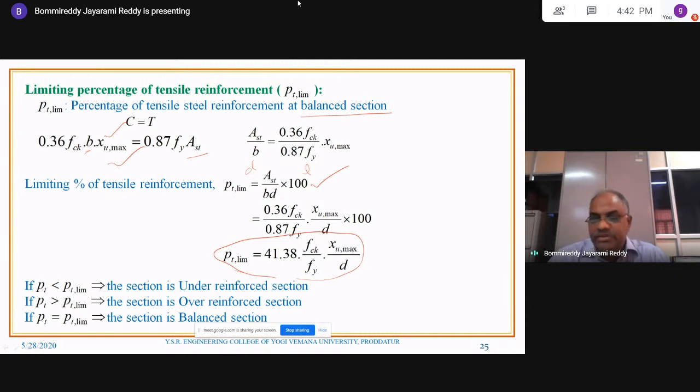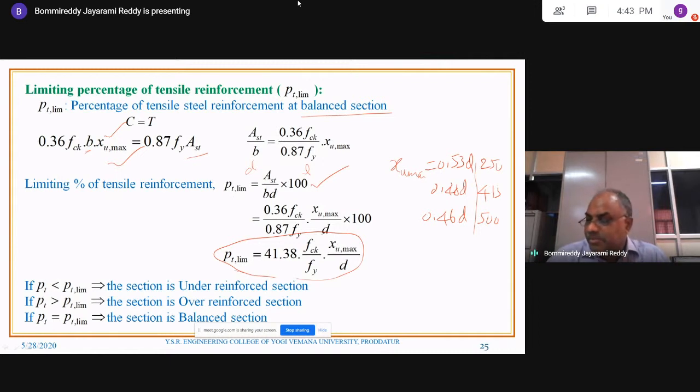On what factors does xu maximum depend? Xu maximum will be equal to 0.53d for Fe250, 0.48d for Fe415, and 0.46d for Fe500. If you substitute these values, you will get the appropriate percentages.